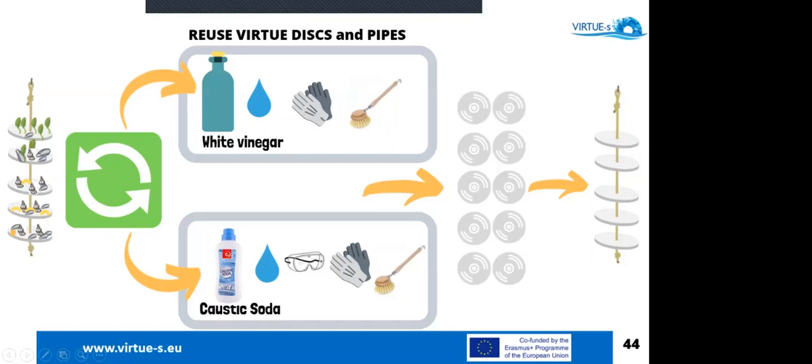On Canvas and also on Virtuous's website, you find detailed information on the cleaning process for the discs and also the pipes. Once they are clean, they can be used for several seasons. So we encourage the educators and the teachers to reuse the discs for several experiments.